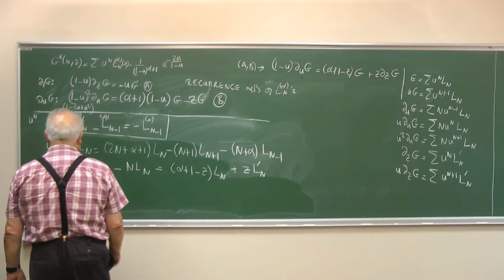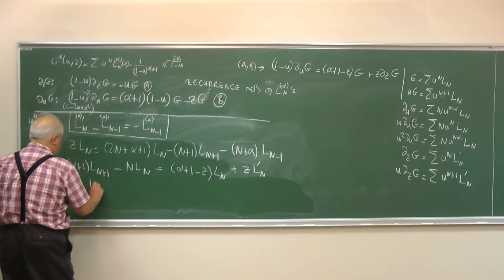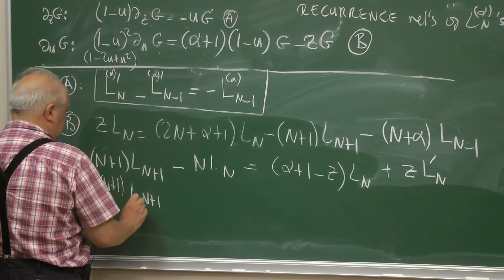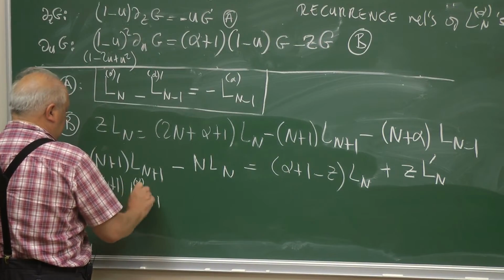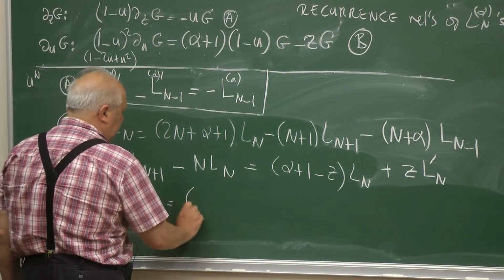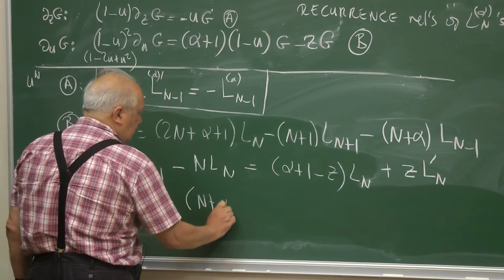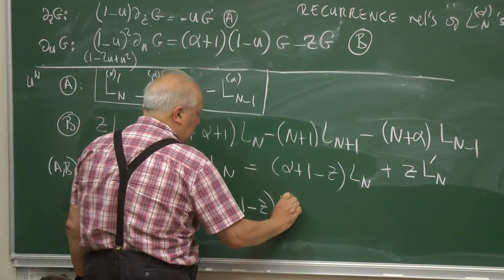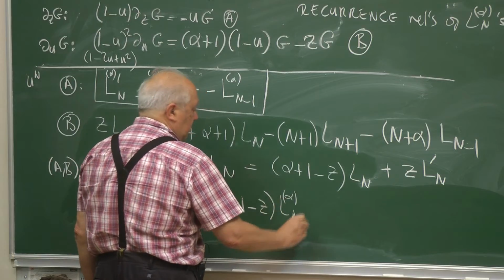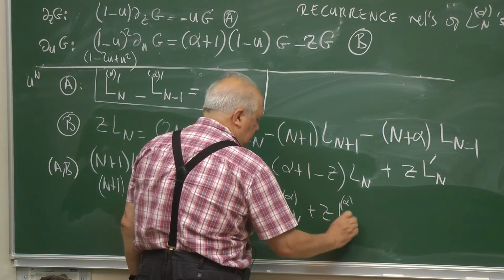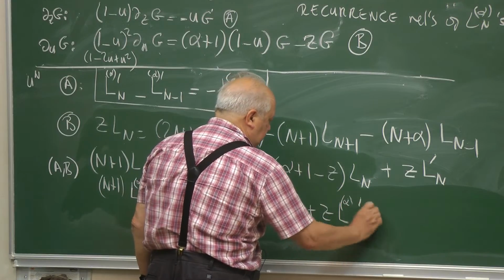Or Ln plus 1 times n plus 1, I can put the index now, equals, putting it to the other side, n plus alpha plus 1 minus z L alpha n plus z L alpha n prime of z.